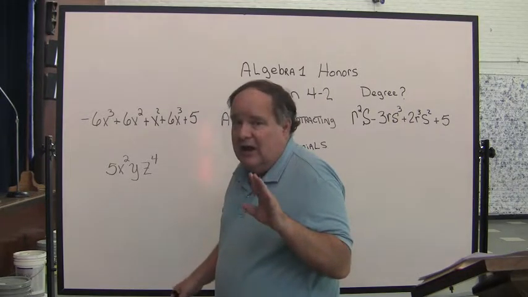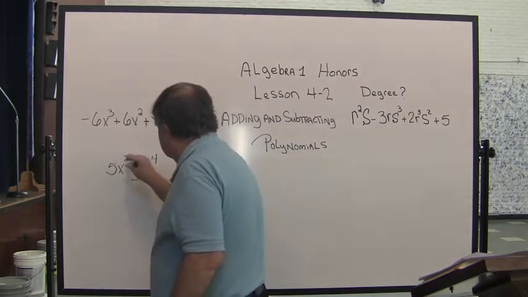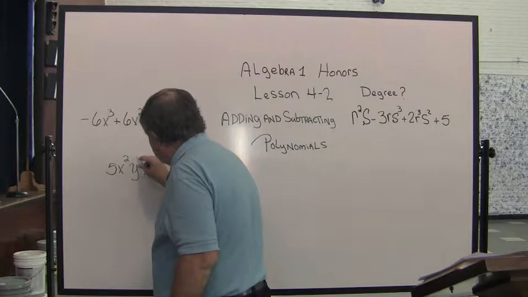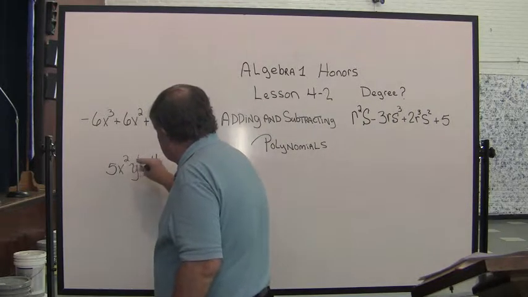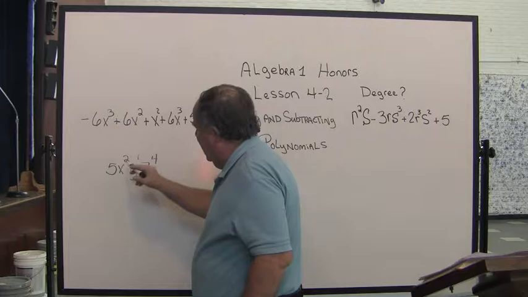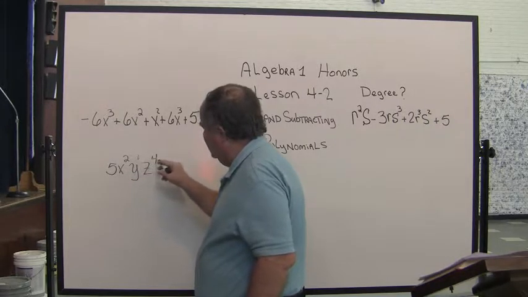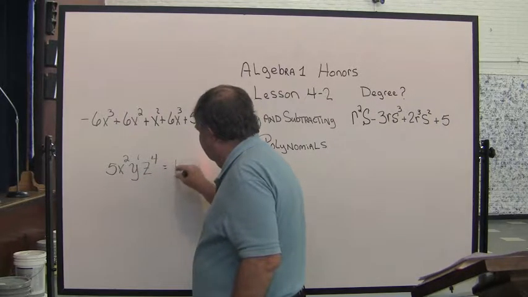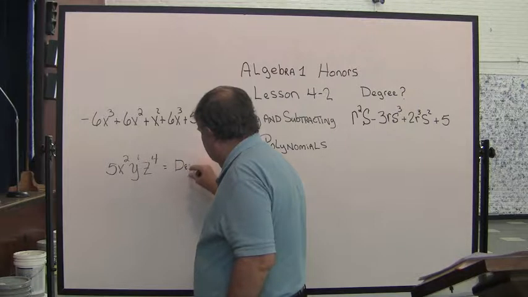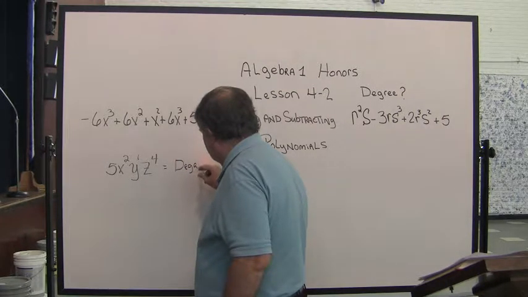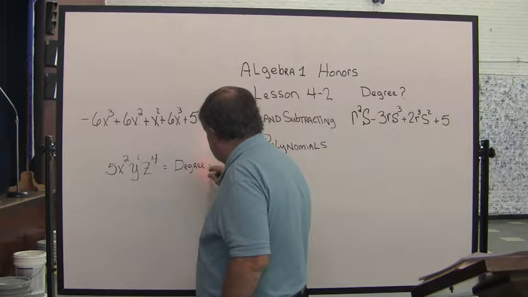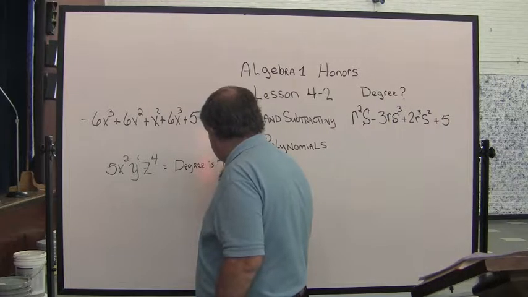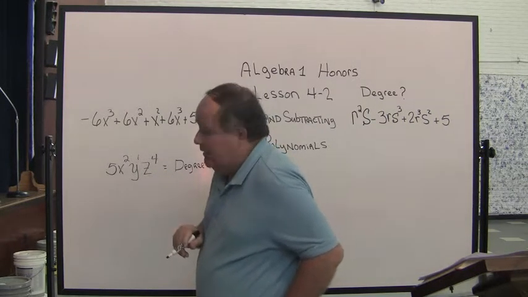The degree is the exponents. You see this is a y, but on the y there's a 1 here. It's the addition of all the exponents. So I have a 2 plus 1 is 3 plus 4, and the degree of this monomial is 7.